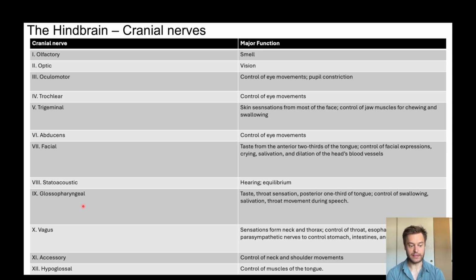And then we have the vagus nerve, cranial nerve 10, which is the one that you will need to know about on the exam. It gives us sensations from the neck and thorax, control of the throat, esophagus, larynx, and parasympathetic nerves to control stomach, intestines, and other organs.